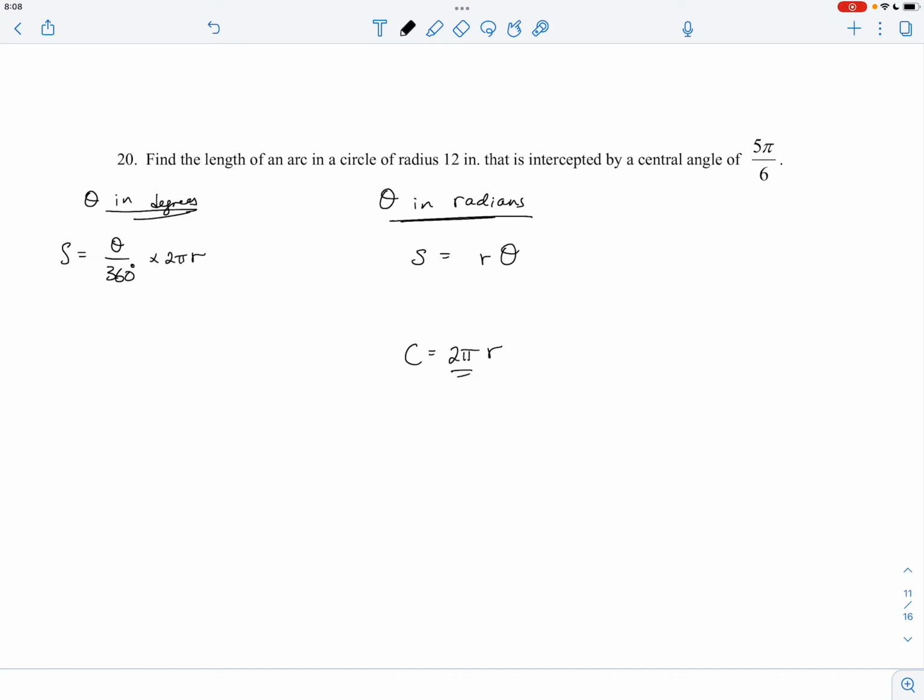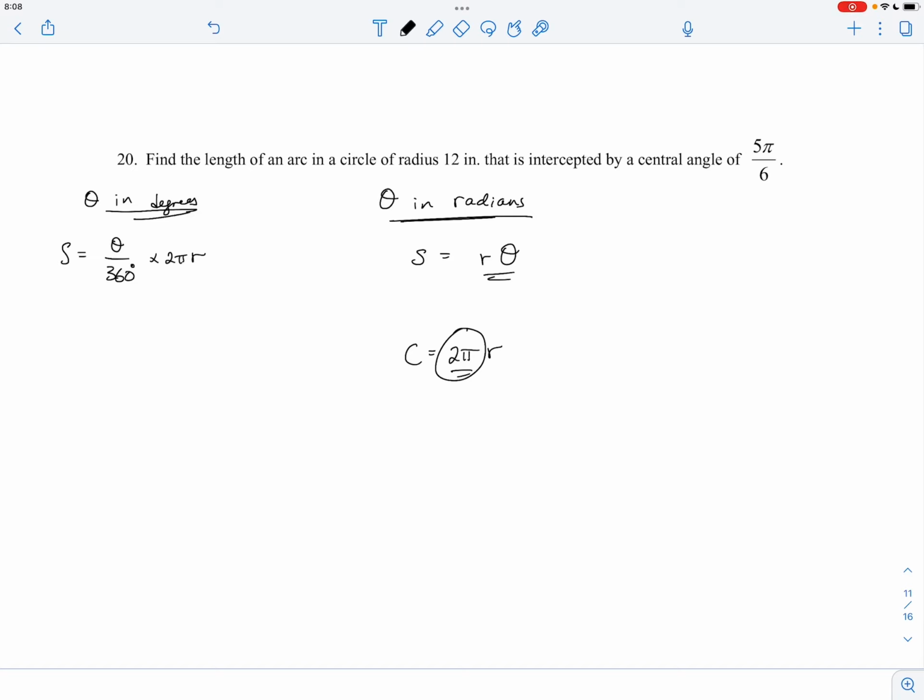So that's how we have S equals r theta, r times theta. People like to say r theta instead of theta r, so that's why I reversed the order. Arc length is equal to radius times theta, and 2 pi, as we learned in class, is the radian measure of the full circle. So that's the equation.